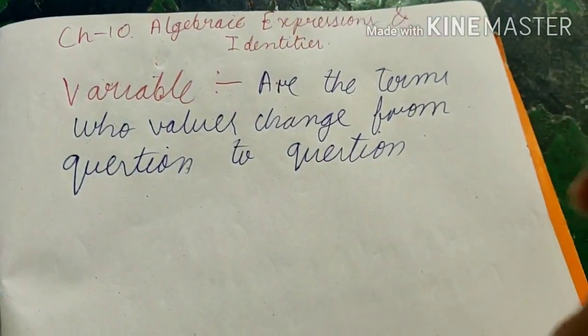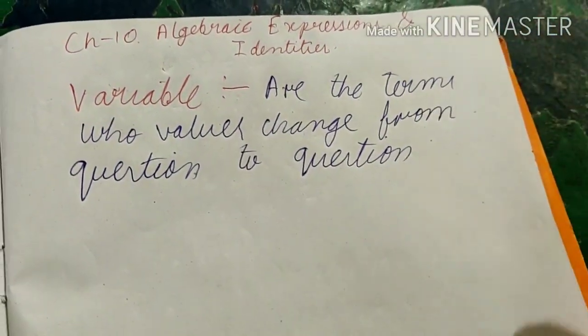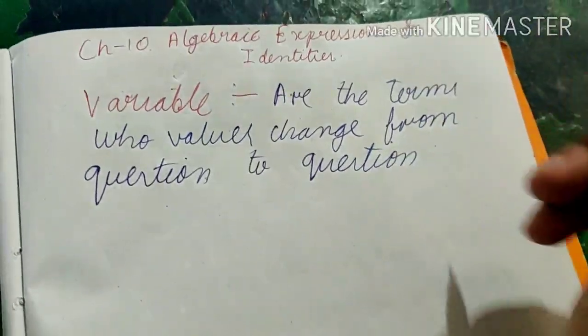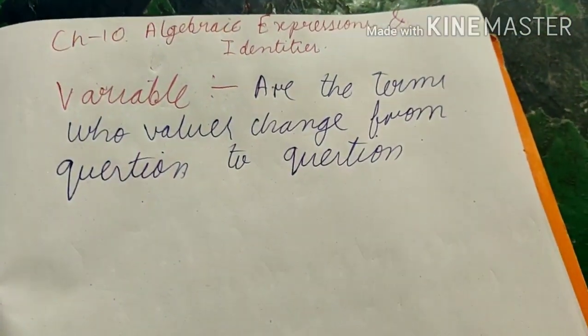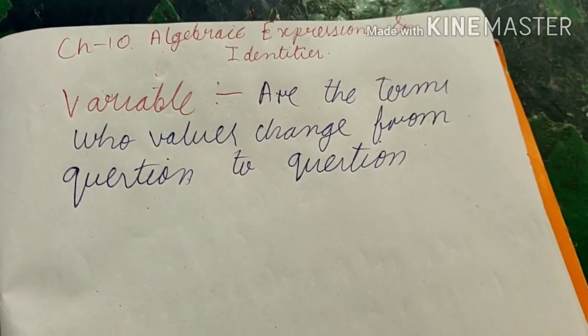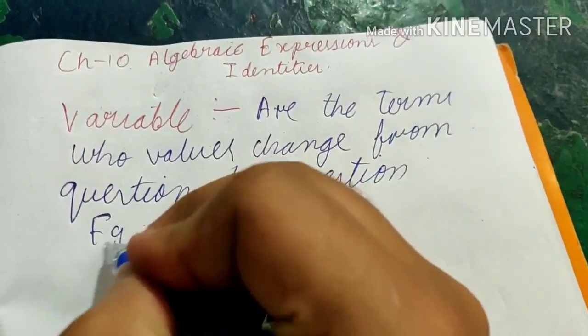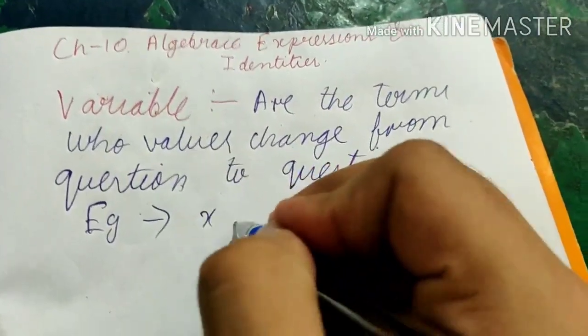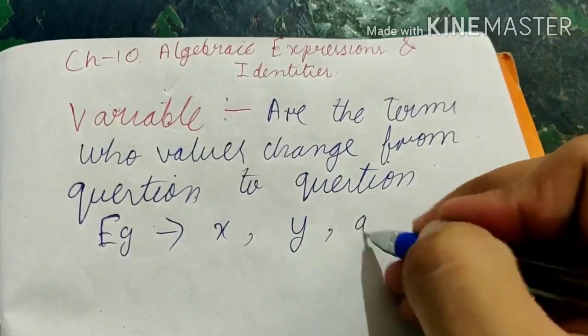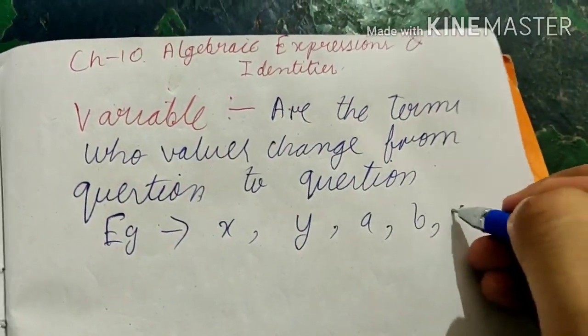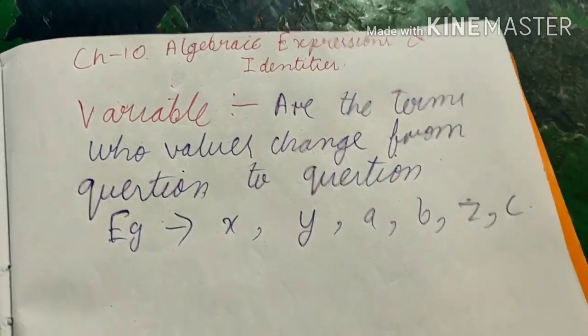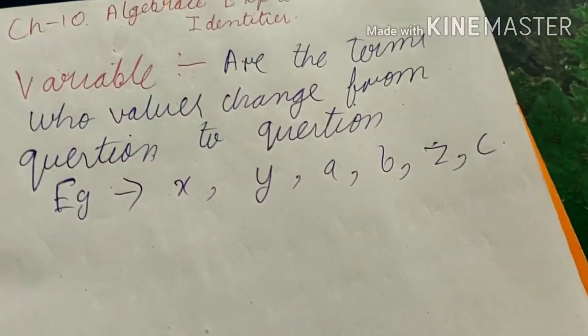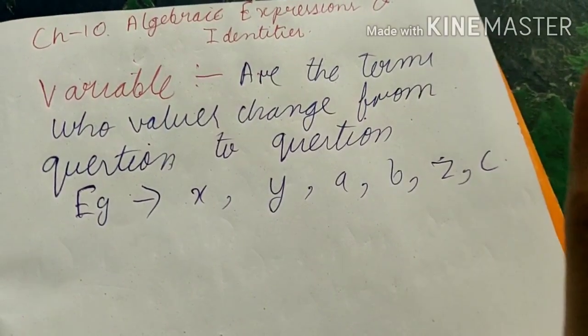Variable, the term itself means that keeps on changing. So in this also, these are the terms whose values change from question to question. Example, like we say x, y, a, b, z, c. These types of terms are called variables.